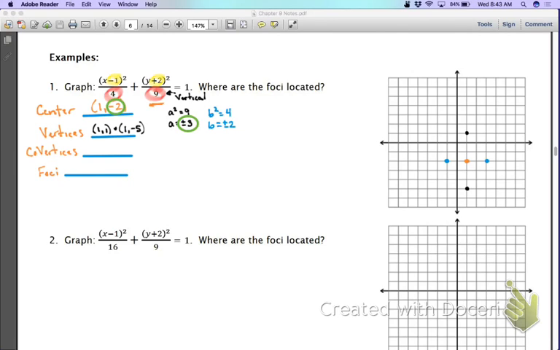So my co-vertices are going to be at -1, -2 and 3, -2. Oops, it should have been a -2, my fault. Now we can draw it.